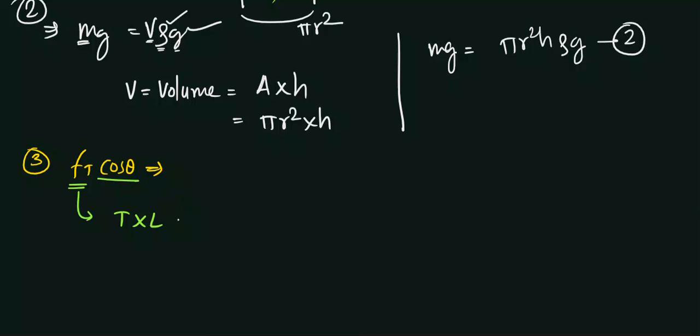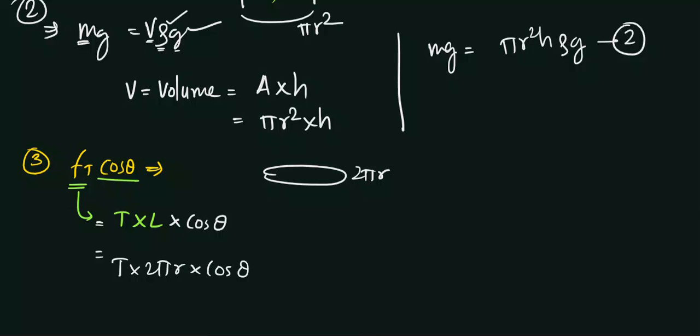We have seen it. And this Ft is acting for the complete circumference, that is 2 pi r. So this Ft cos theta will become T into 2 pi r into cos theta. Let's call this equation number 3.